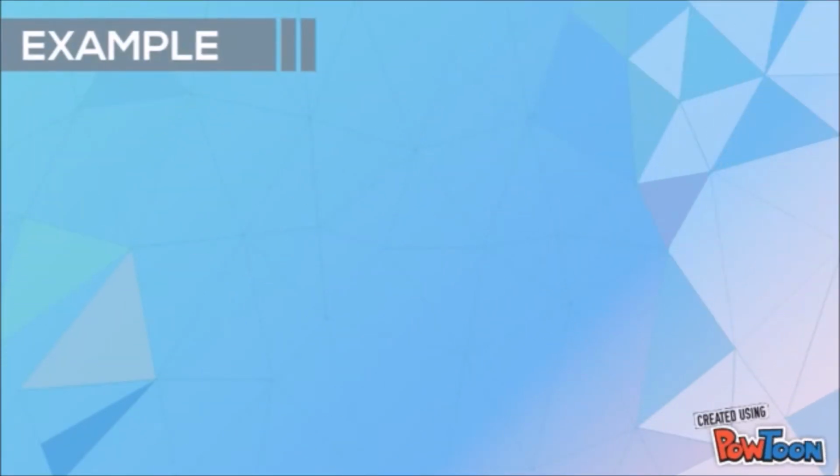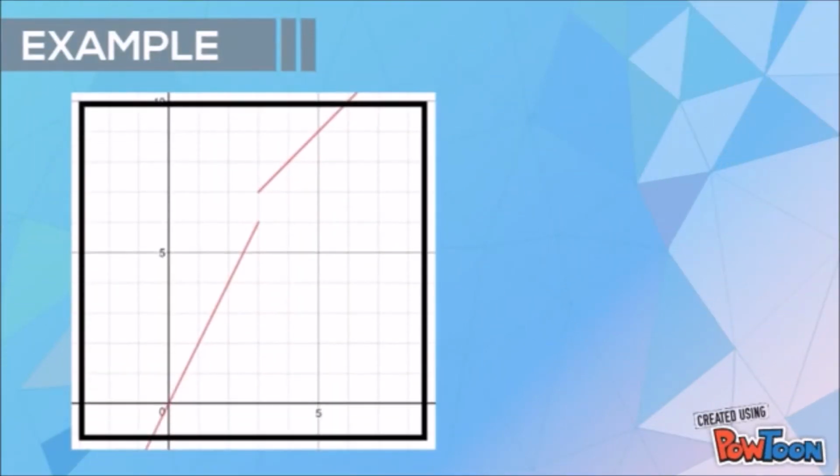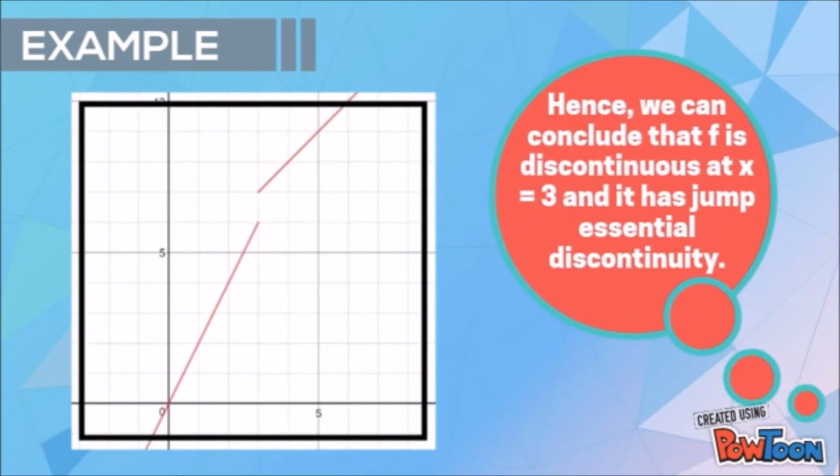The graph looks like this, and we can see that there is a break at x equals 3. Hence, we can conclude that f is discontinuous at x equals 3 and it has a jump essential discontinuity. Am I right, partner? Yes, that's right. Unlike removable discontinuity, we don't have a remedy for jump essential discontinuity. So let us move on to our next topic.